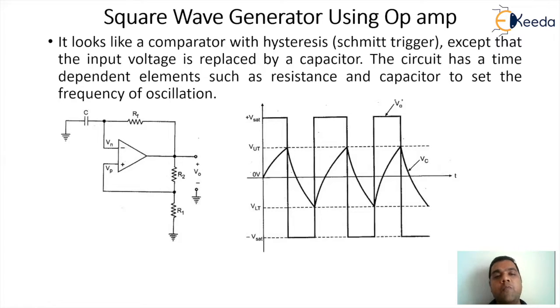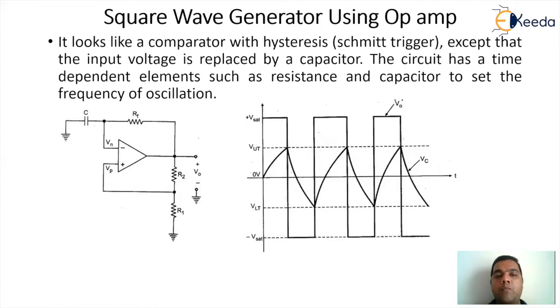Since the output of the op-amp is positive Vsat, the capacitor will start charging. As soon as the capacitor reaches the potential set as a reference level by the positive pin, if the V minus pin voltage slightly crosses the value of the V plus pin, automatically the op-amp output will go to minus Vsat.